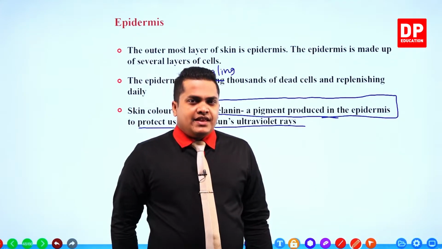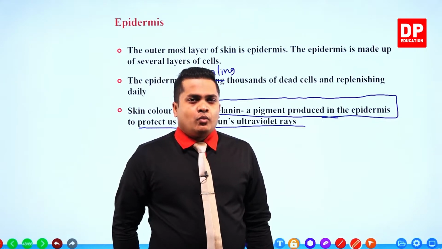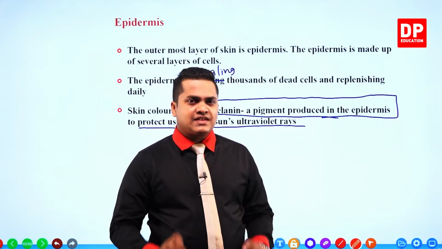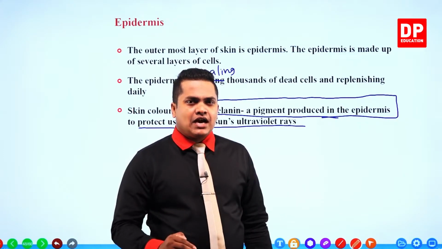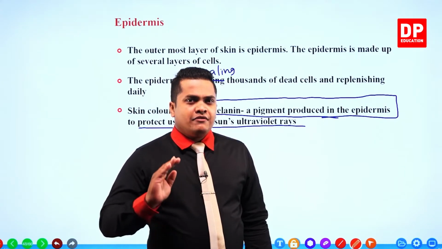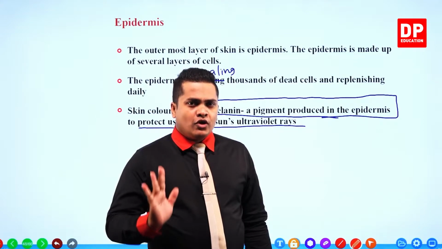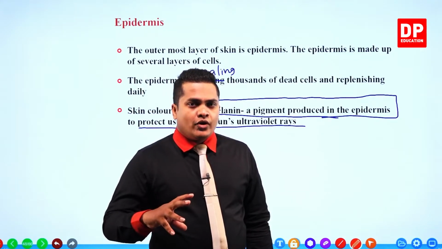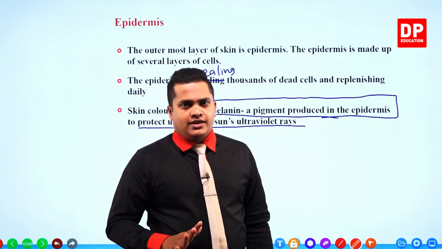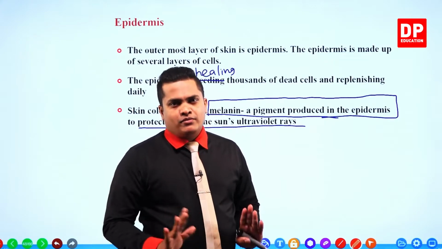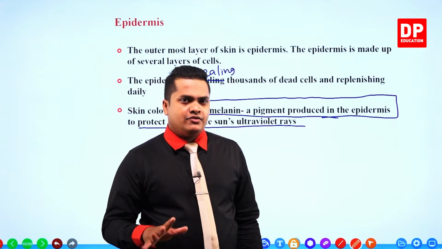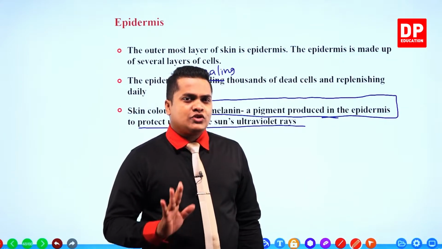So when you are subjected to a high amount of sunlight, my dear children, your skin color is getting converted to a dark color. It's because when you are in more and more sunlight, right, the melanin pigments which are produced in your skin will also increase.